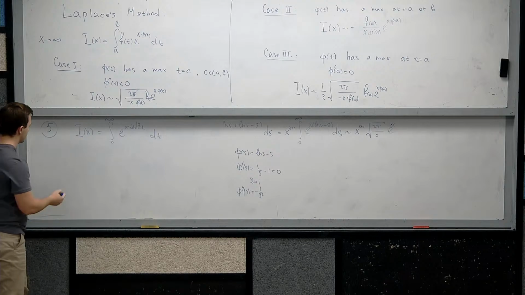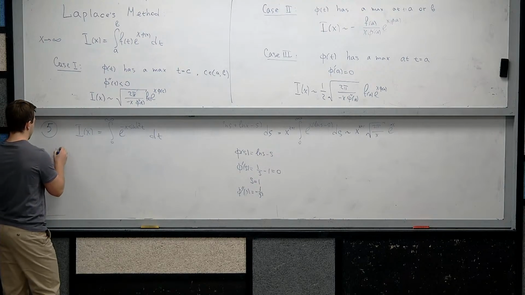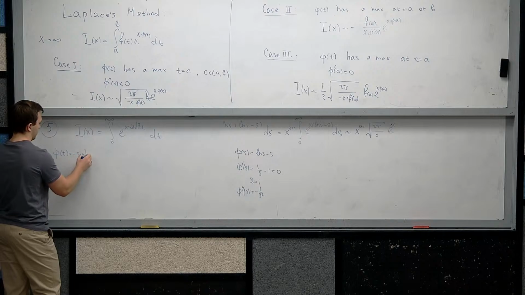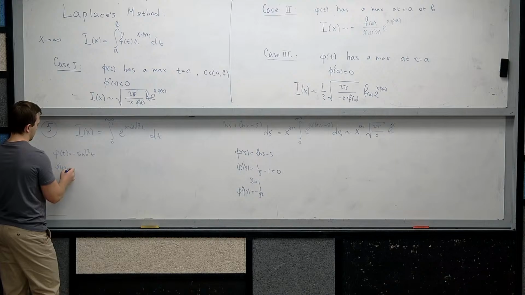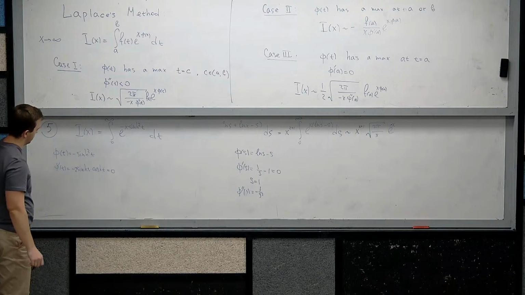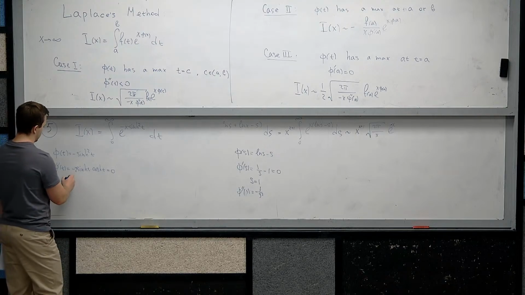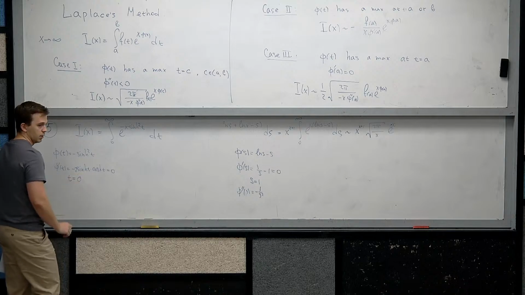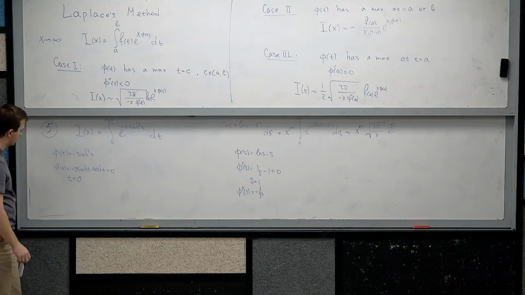So our function phi of t is −sinh²(t), and phi prime of t is −2 sinh(t) cosh(t). So the function has a maximum at t = 0, right?